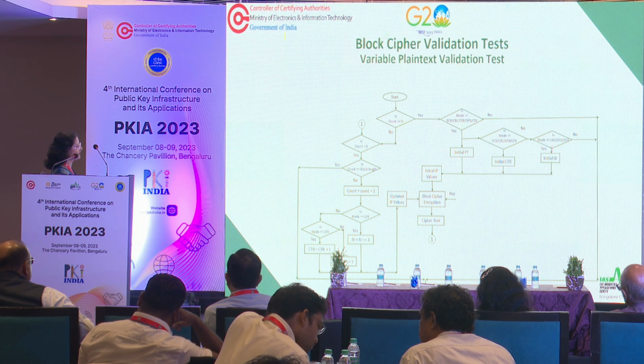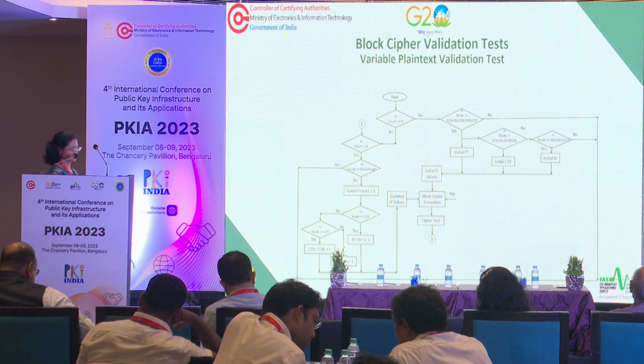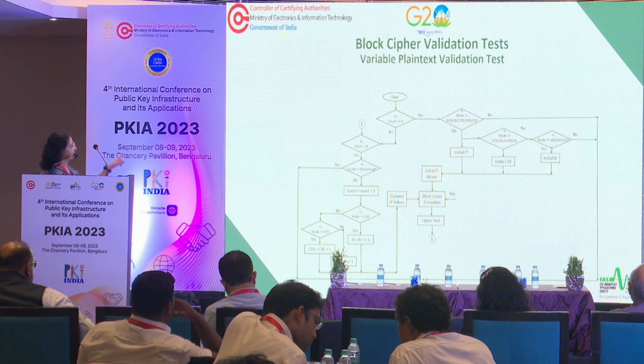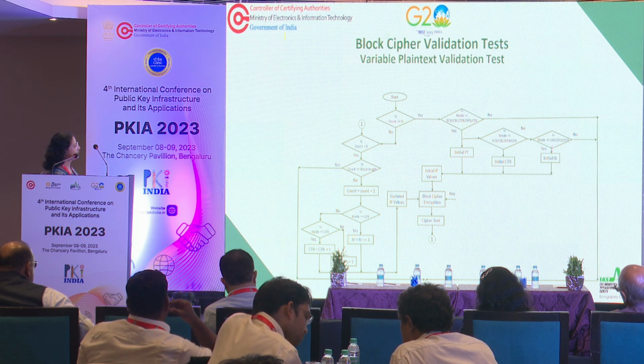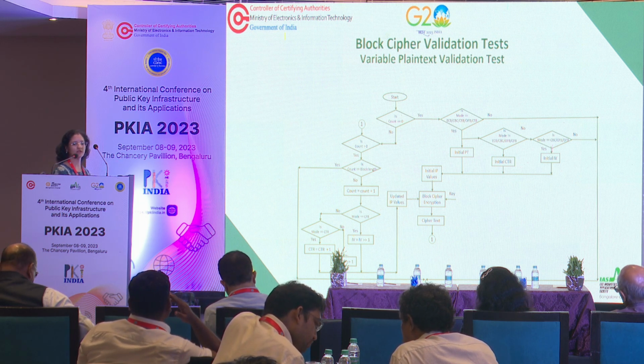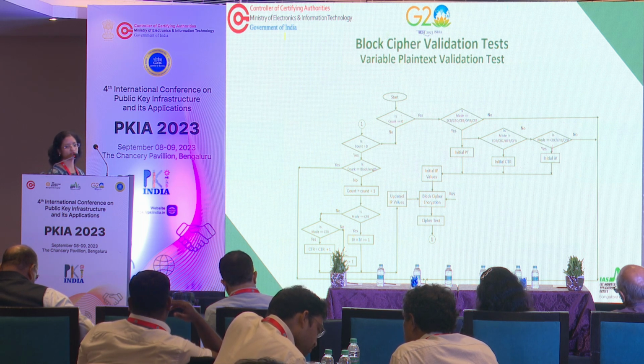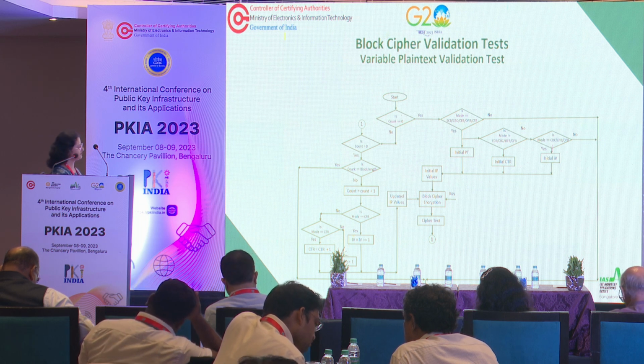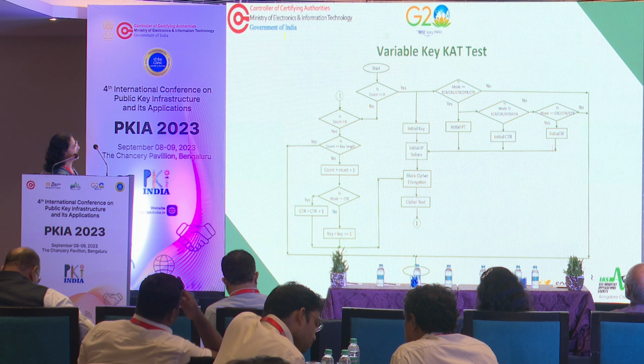That is, the initial plaintext will be shifted by 1 bit for the next round of test vector. This is the importance of variable plaintext. Here the plaintext will be varied, and the rest of the input will be constant for the rest of the test vectors. Next, the variable key KAT test.